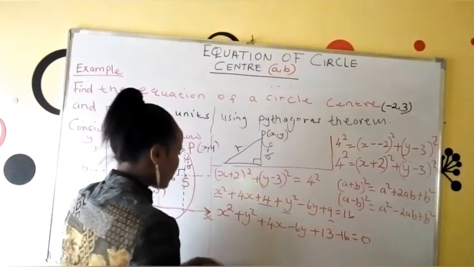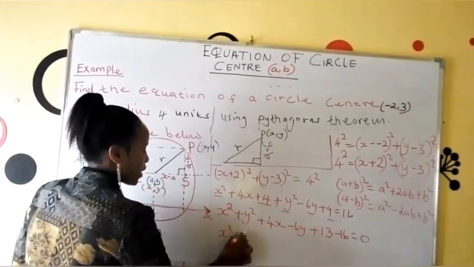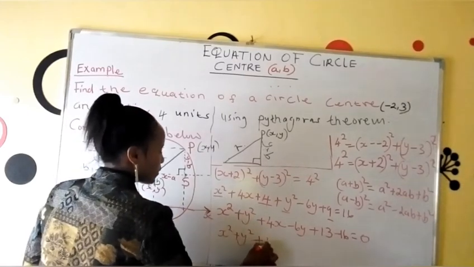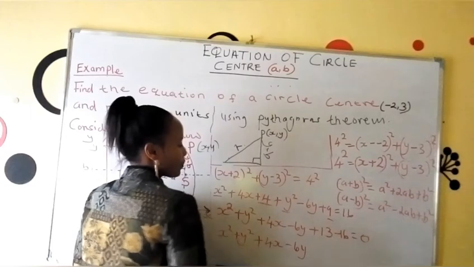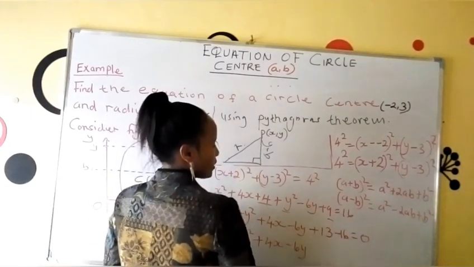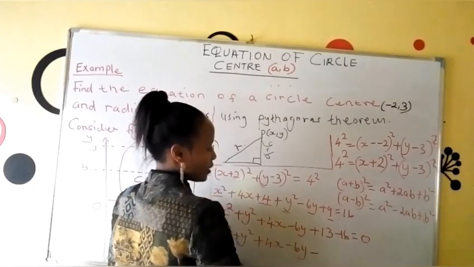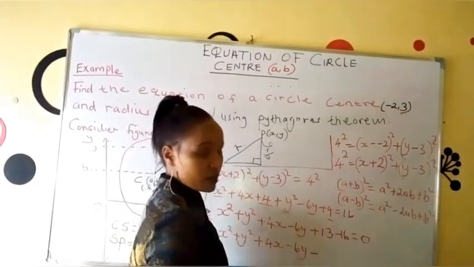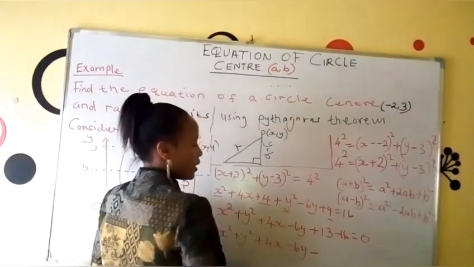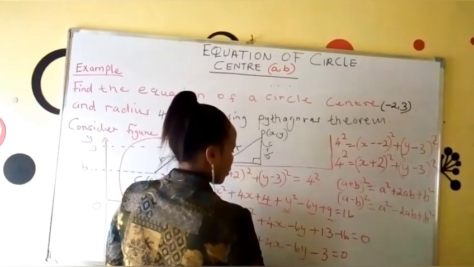So what we have? We have x squared plus y squared plus 4x minus 6y. When you say 13 minus 16, we shall have a negative, because 16 is greater than 13, so we expect the outcome to be negative 3, equals 0.